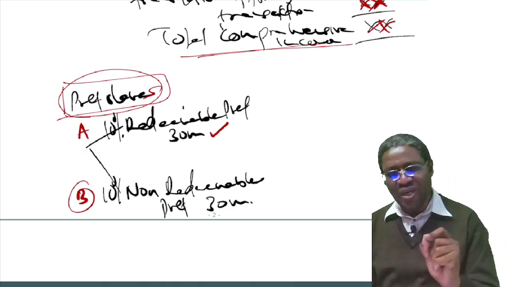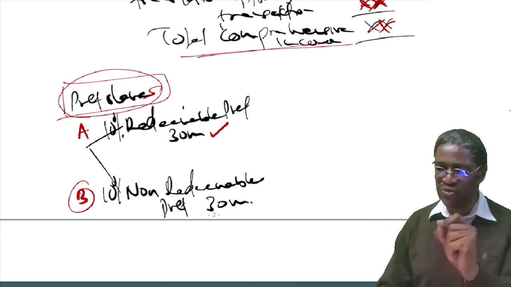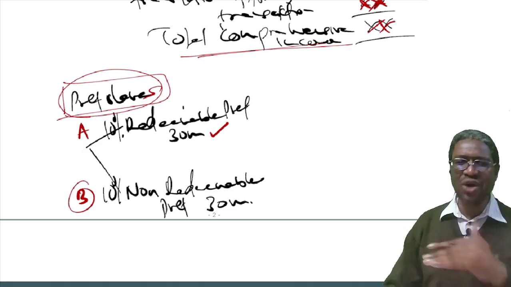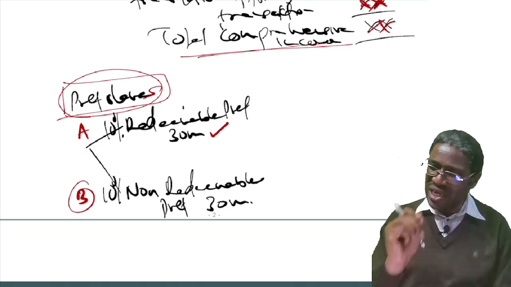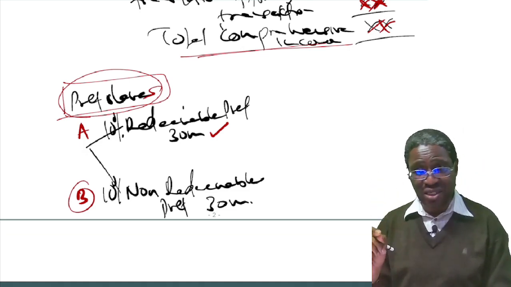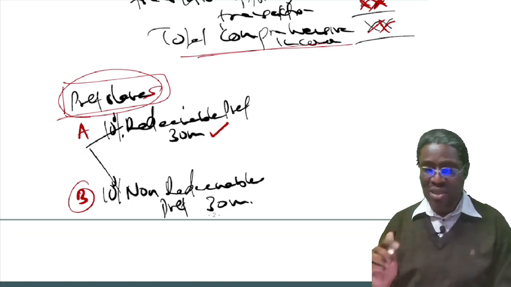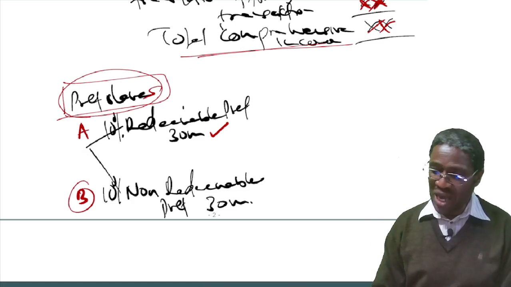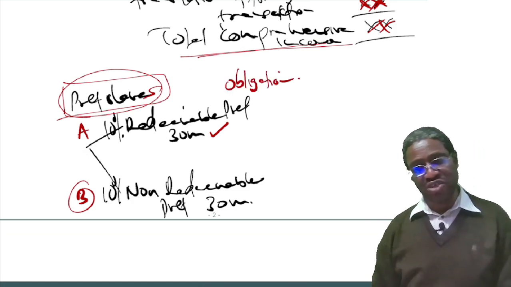But if your company issued a 10% non-redeemable preference share, maybe 10 years ago, 5 years ago, the question is, does that company have an obligation to pay back the 30? The answer is no. So we said company A has an obligation to pay back the 30 million.